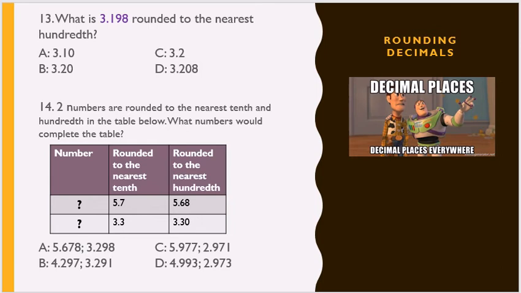Would it be C, 5.977 and 2.971? Or would it be D, 4.993 and 2.973? Pause the video, solve these two problems, and then start your video again to check your answers.